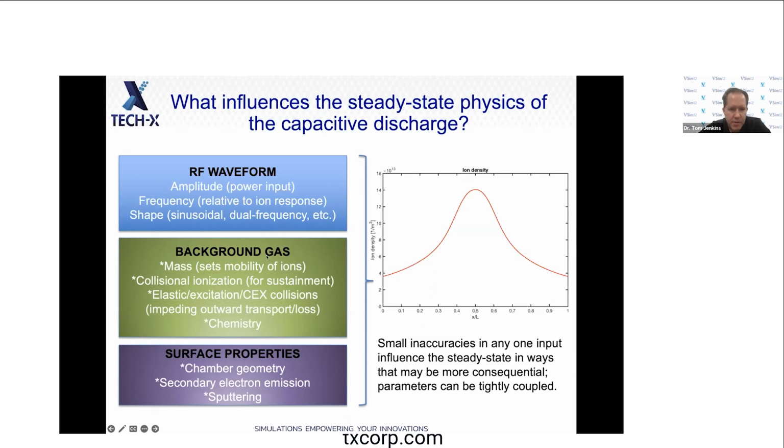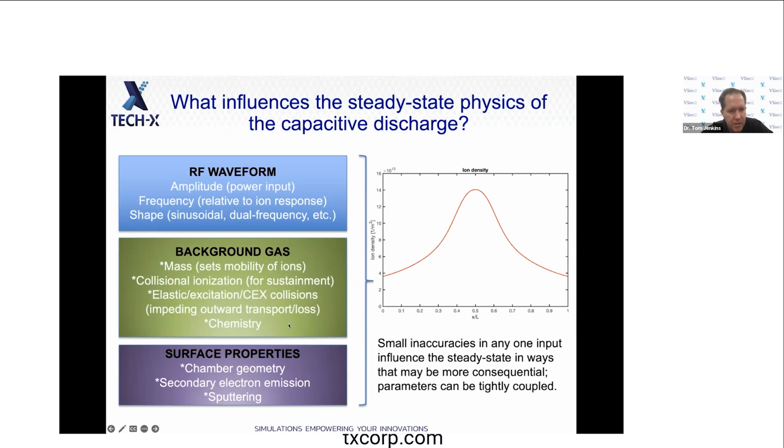It's also a strong function of the background gas. We are going to ionize that gas to create the ions, and so the kinds of material we start from has a lot to say about the discharge we get. And the collisions that influence that gas, electron neutral, ion neutral, how does the charge exchange work, how does the ionization work, will also contribute to the steady state profiles that we get.